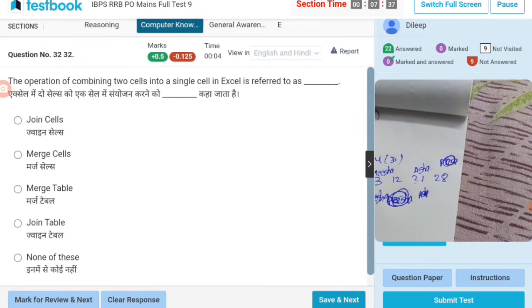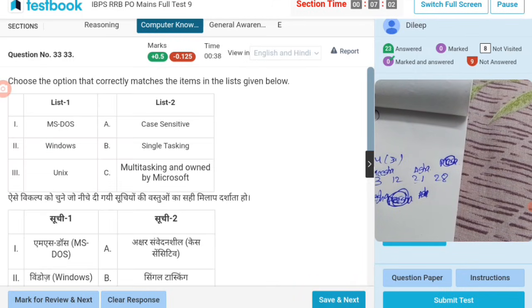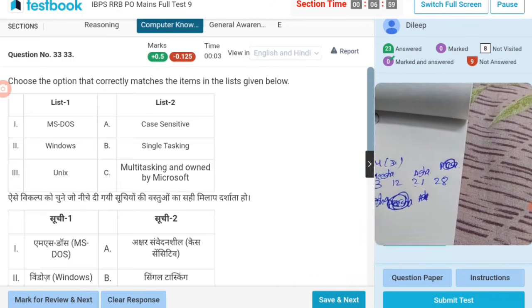The operation of combining two cells into a single cell in Excel referred to as match table, I think, or I think match cells. MS DOS, Windows, Unix.